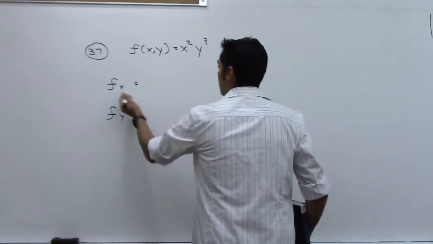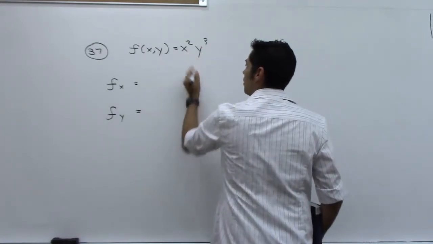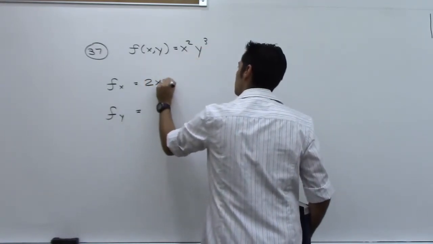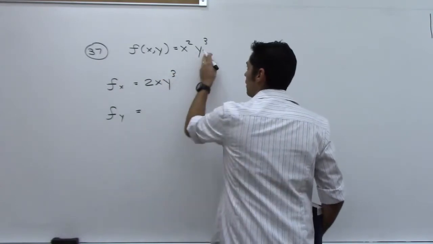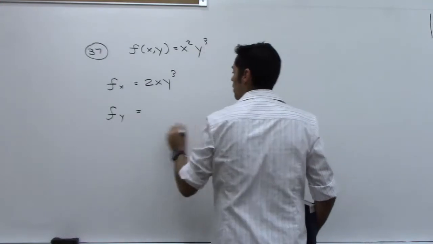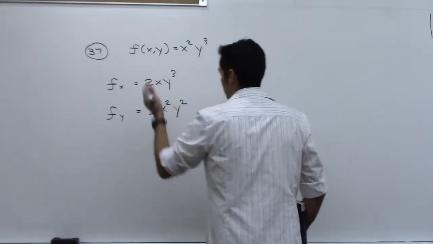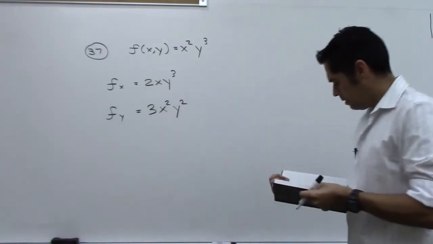All right, this is going to be easy then. Partial with respect to x, y cubed is a constant, so the derivative of x squared is 2x, and then you still have the y cubed. Here, treat y like a variable, x is a constant, so leave that alone. The derivative of y cubed is 3y squared, so 3 comes out in front of the x squared y squared. That's it for 37. Sorry. Boring.